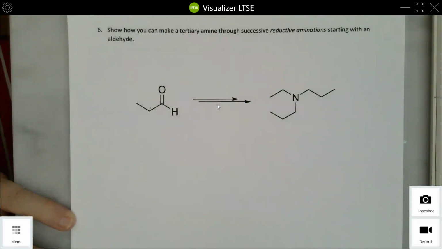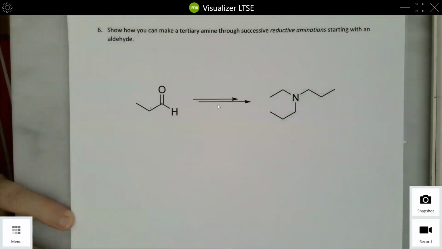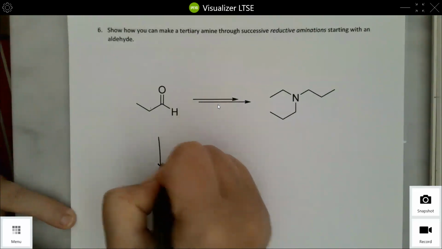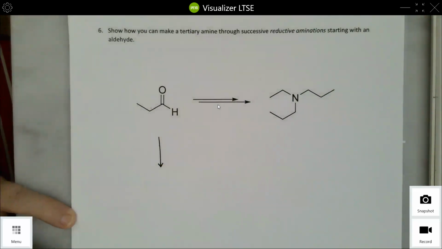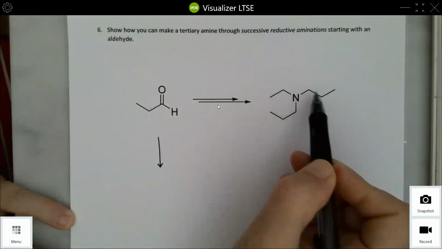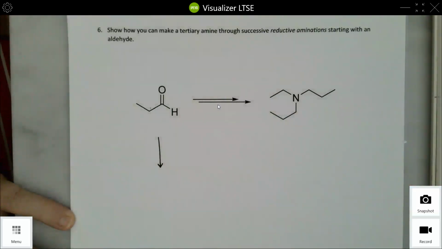So perhaps one of these groups with 1, 2, 3 will have come from the aldehyde. So we can do our first one and either add in this ethylamine or propylamine. I'm going to go ahead and add in the propylamine first.